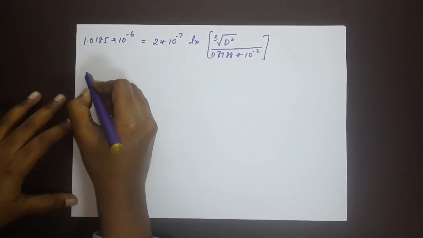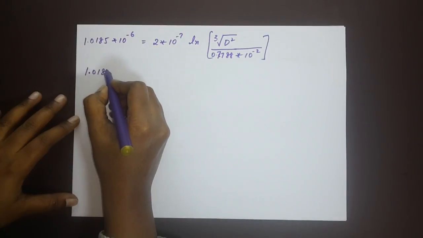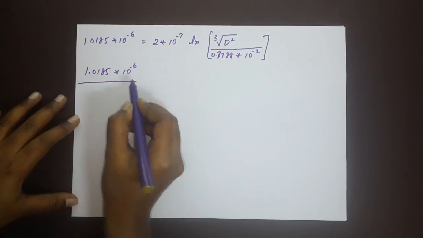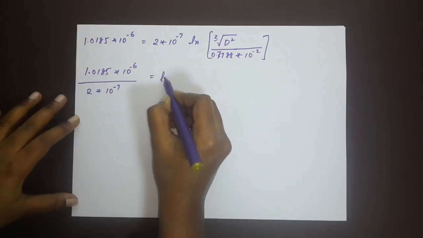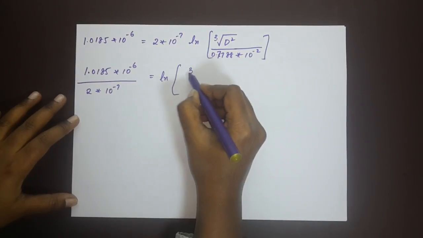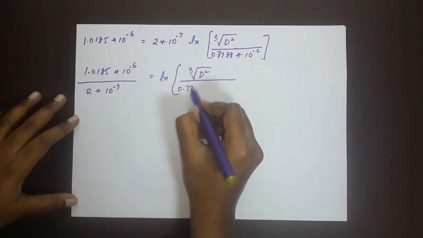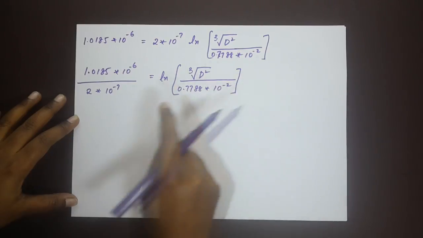Okay, so the first thing we can do to simplify this is take 1.0185 into 10 power minus 6 down here: 1.0185 into 10 power minus 6 divided by 2 into 10 power minus 7 is equal to ln of the rest, cube root d square divided by 0.7788 into 10 power minus 2.